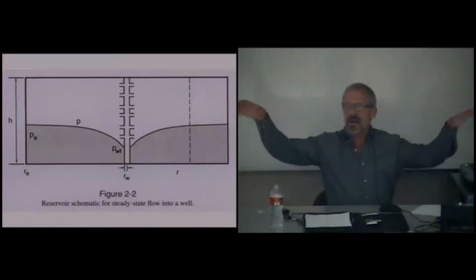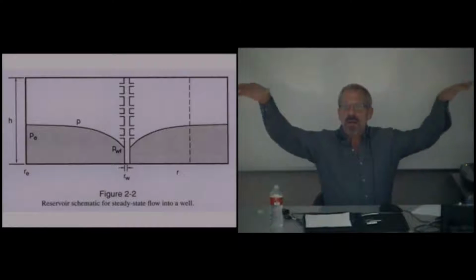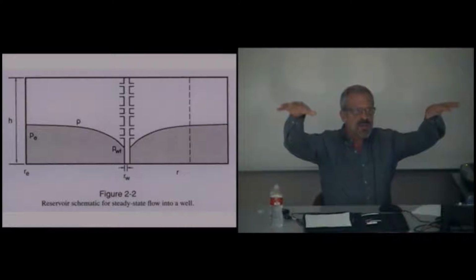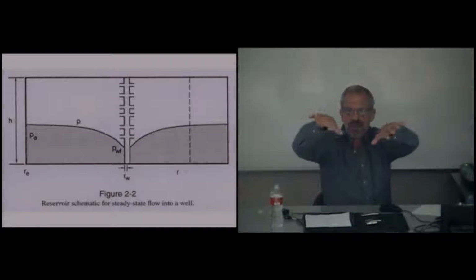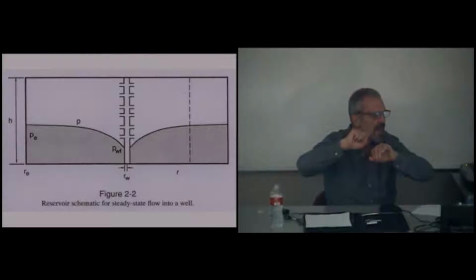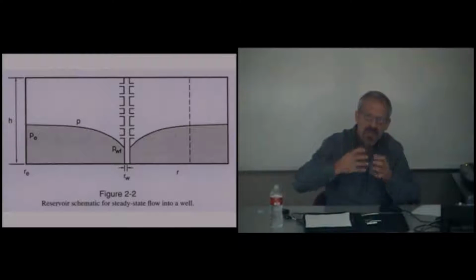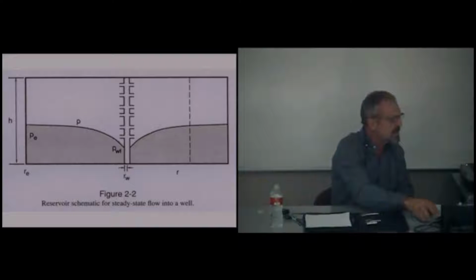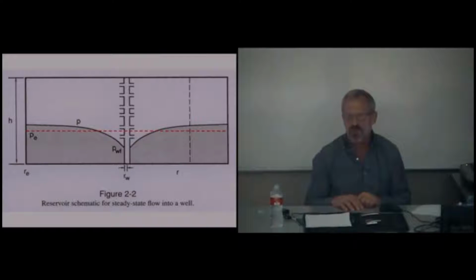Keep it in mind, as the pressure goes down, it looks like your sink or your bathtub, toward the drain, toward the wellbore. And at some PWF abandonment, there's also some average pressure abandonment, okay?